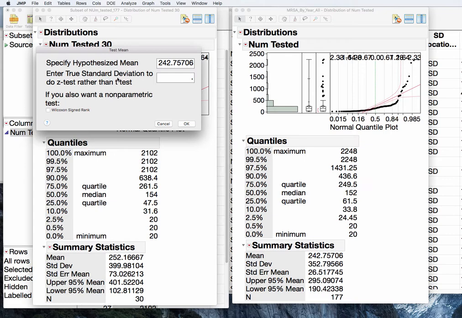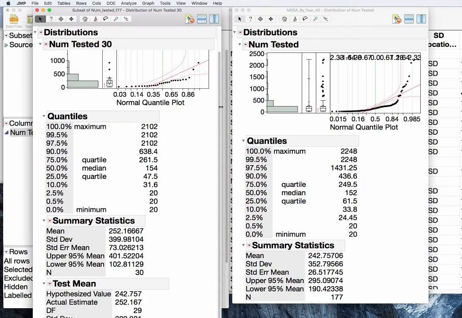We can ignore the Z and t test options here because we don't know the standard deviation and it doesn't follow a normal distribution, so we can't do a Z test. Remember, Z and normal are synonymous, and we're not assuming normality. What we want is the non-parametric Wilcoxon signed rank test. So check that box and press OK.